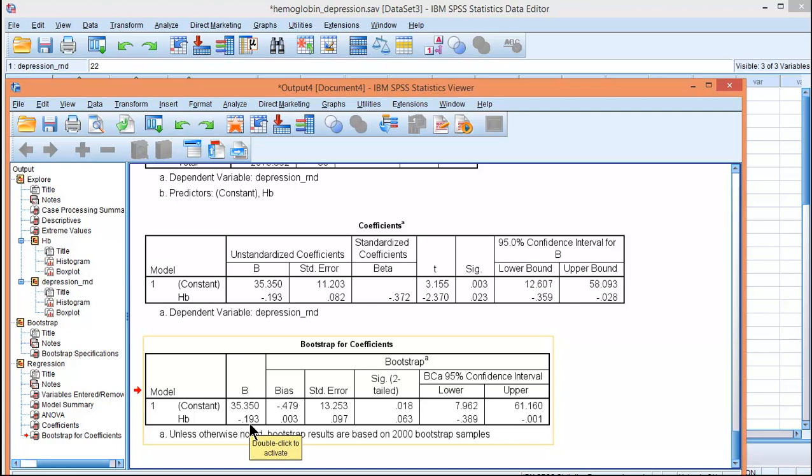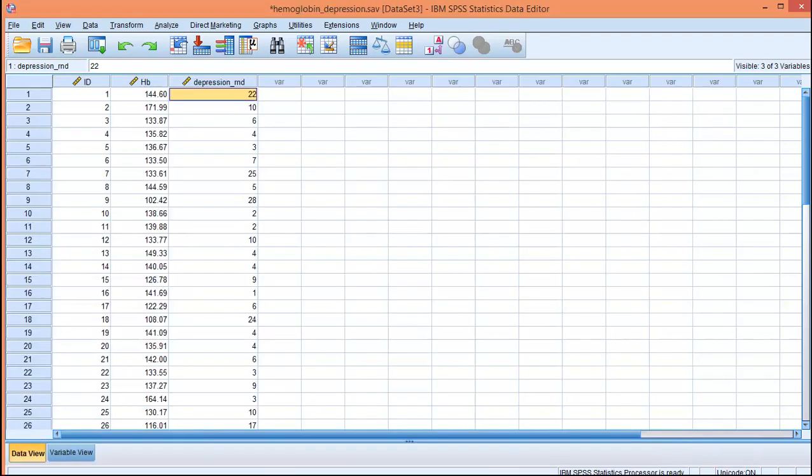It's not like saying somebody earns $19 less per day, which is a very intuitive way to interpret a result. This is a 0.19 decrease. For each unit increase in hemoglobin levels, there's a 0.19 decrease in self-reported depression, but I don't know what that is. What do these numbers mean? I have no idea, really.